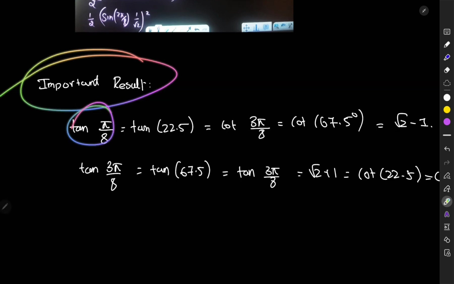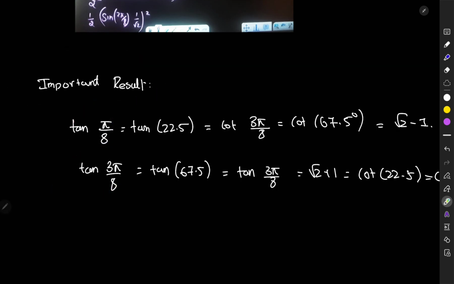Right, there is also another important result. So tan pi by 8, tan 3 pi by 8, which is basically 22.5 and 67.5. Why am I giving this as pi by 8 and 3 pi by 8? I could just leave it as 22.5 and 67.5, right? The only reason is that you can actually recall it by just seeing this.